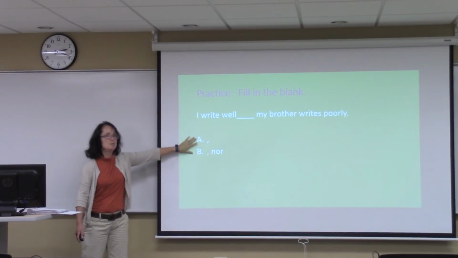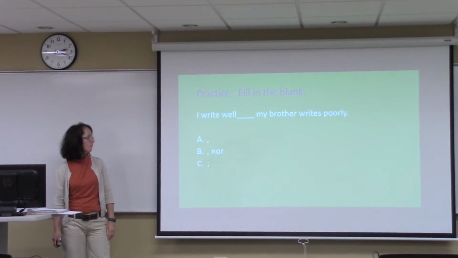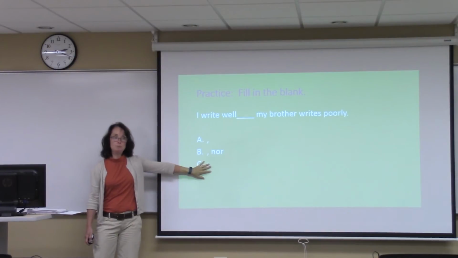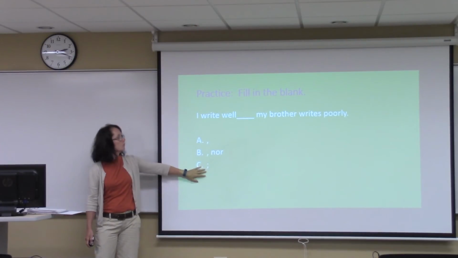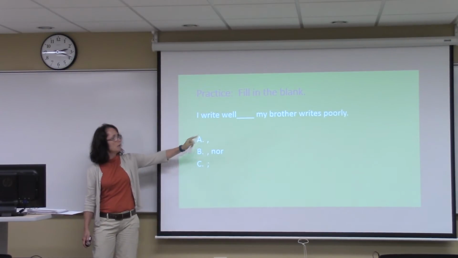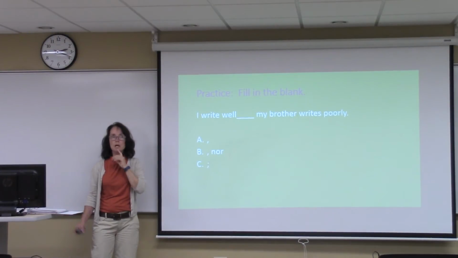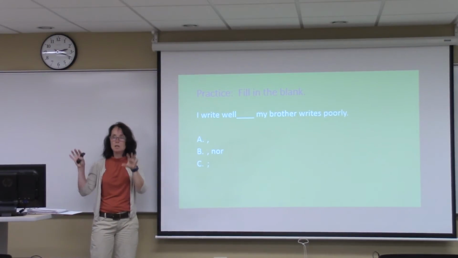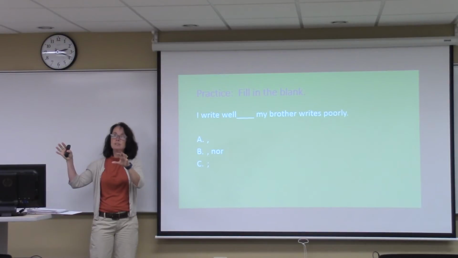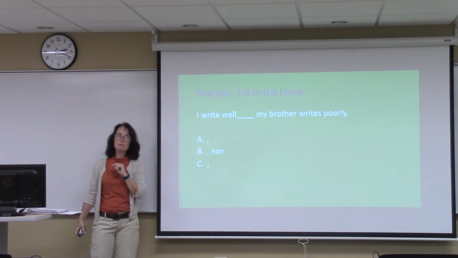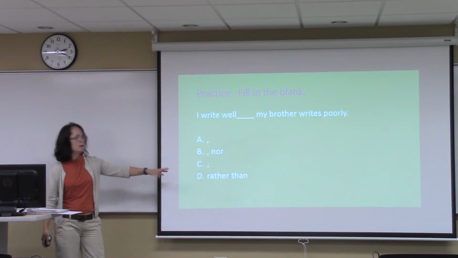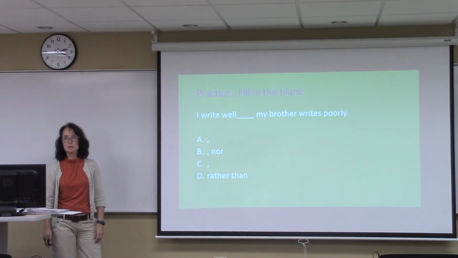So far none of these. Semicolon could be, because that's one of our 3 choices. I write well, semicolon, my brother writes poorly. Are they short sentences? Are they connected in terms of meaning? We have a very good possibility here, rather than something that doesn't make any sense.